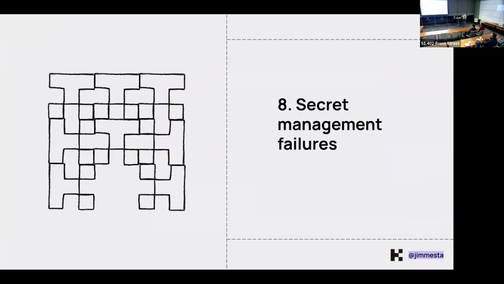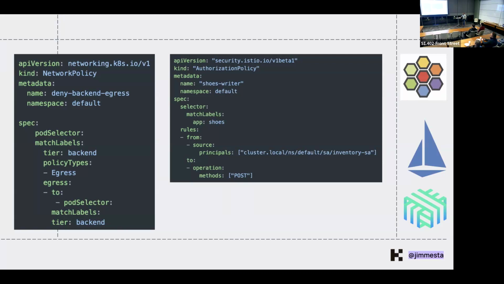Any questions there? One of the icons you had on the screen was for Hubble. This is Cilium? Yeah, that Hubble project. I don't recognize the other two, but I feel like I should. This is Istio and this is Linkerd. Okay. I've used Linkerd before for different reasons.